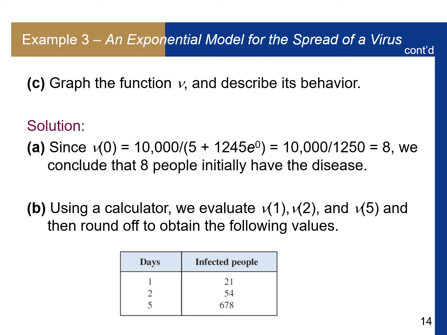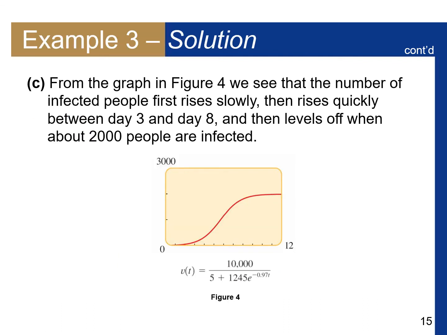We certainly have learned how quickly infectious viruses or diseases can spread. From the graph you can see here that once we have the infected people, it will start to rise very quickly, and then it kind of levels out.